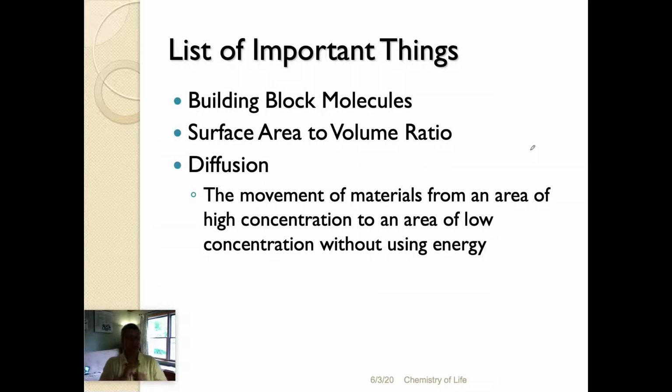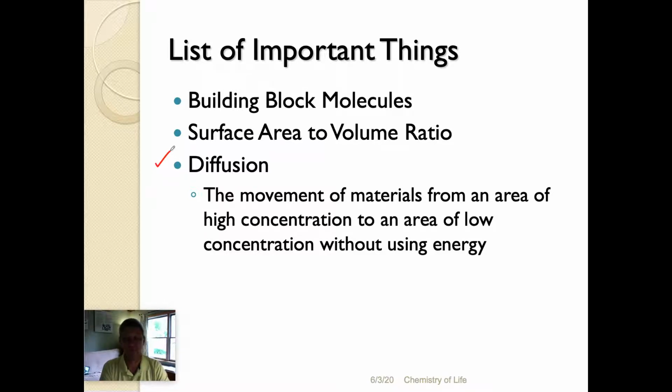So this brings us to the third item on our list of important things. All right, remember that this is a list of things that are going to be important for your final exam. So you've already got 3 questions for your final exam laid out for you right here. Diffusion is defined as the movement of materials from an area of high concentration to an area of low concentration without using energy.